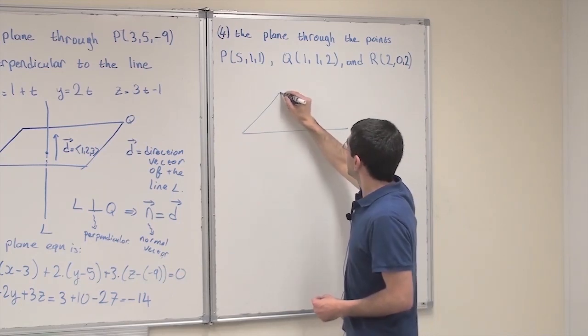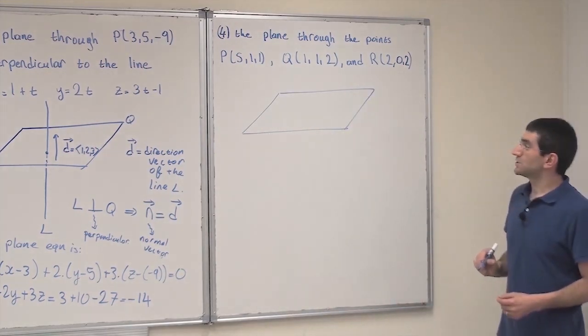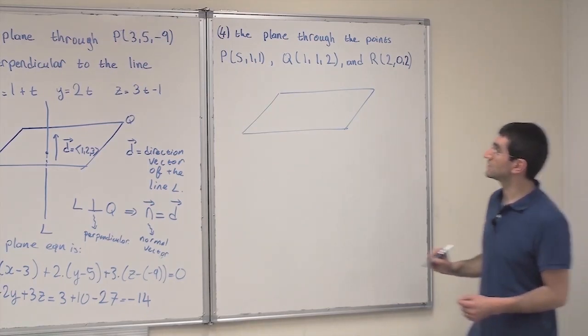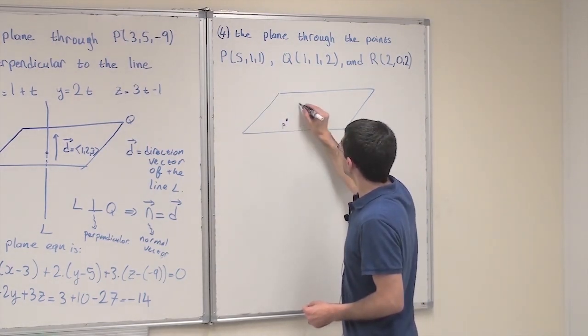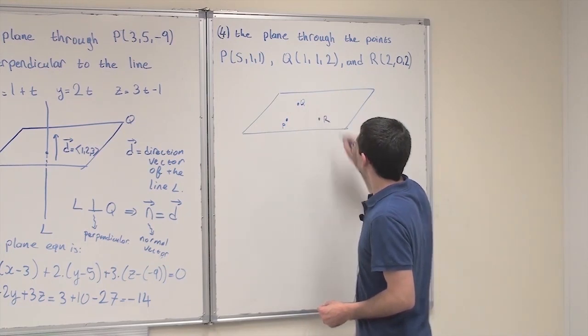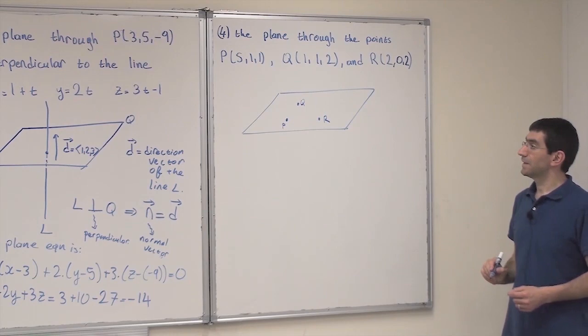Again, I'm going to draw a picture and explain how to find the normal vector using these 3 points. We have the points P, Q, and R. Let's say they are spread over the plane like this.